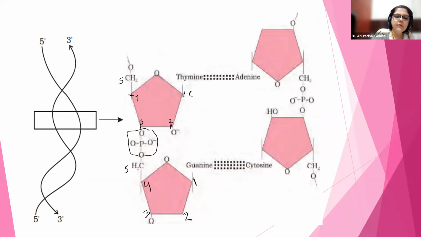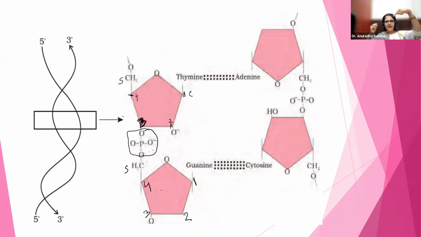Can you see PO4? Yes. Now this phosphate is attached to the fifth carbon of the sugar which is towards the bottom. At the same time, the same phosphate is also attached to the 3 carbon of the sugar which is present above it.